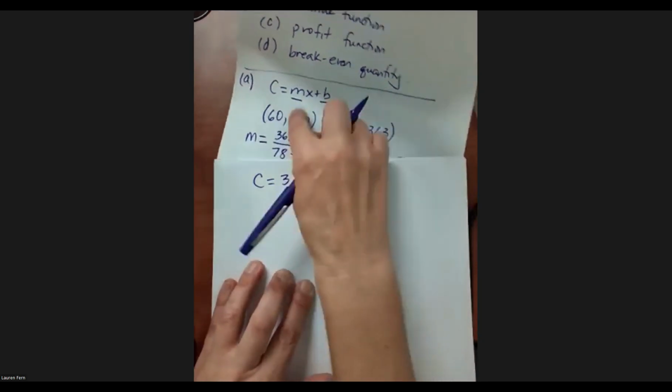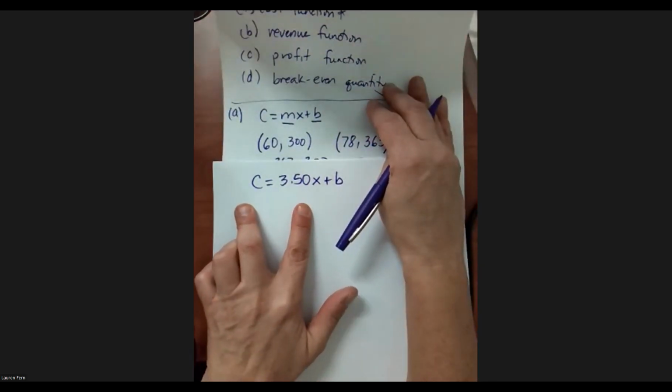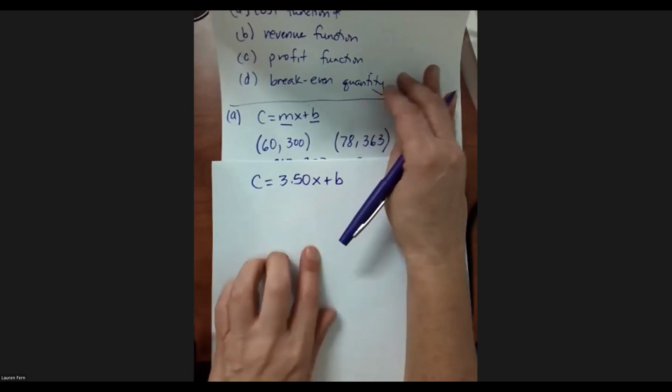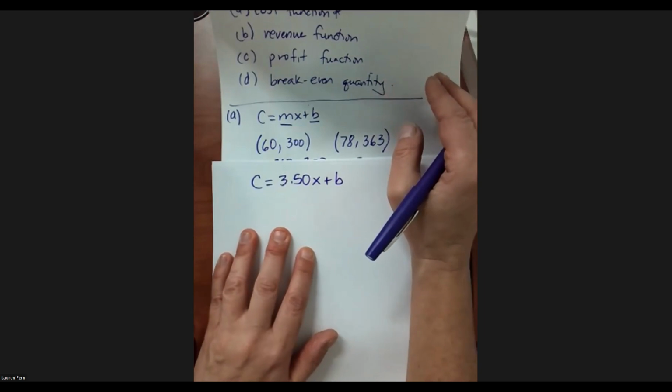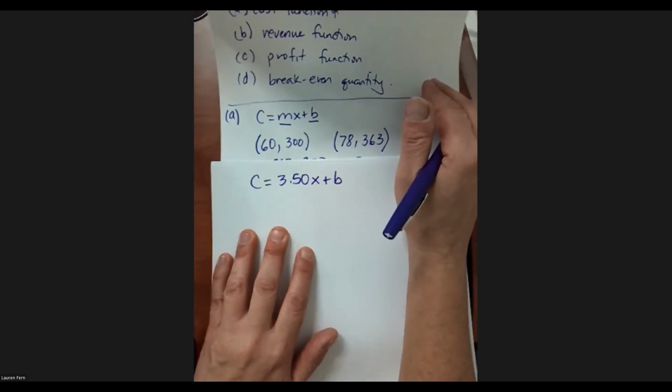Good. We take one of these ordered pairs and plug it in for our X and our C, and then we find B. Doesn't matter which ordered pair. I usually take the one that looks like it involves the least amount of computations.